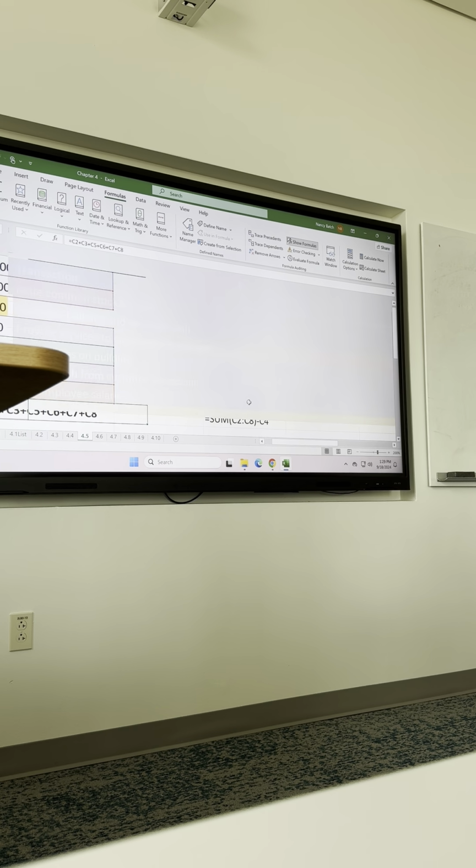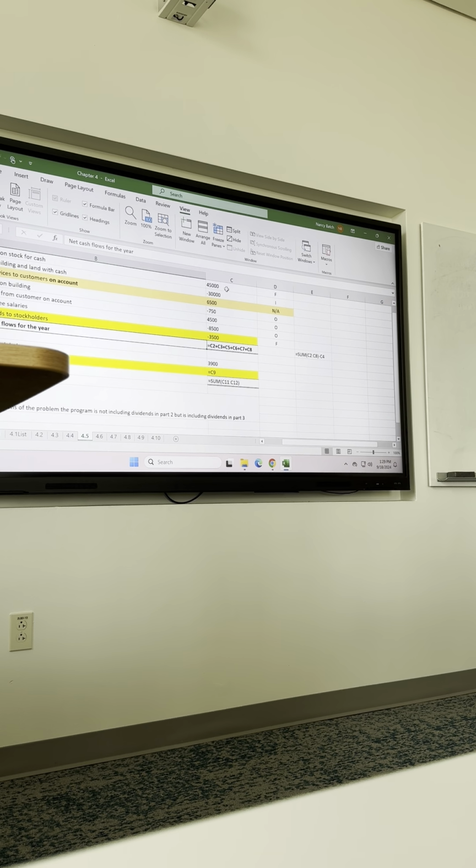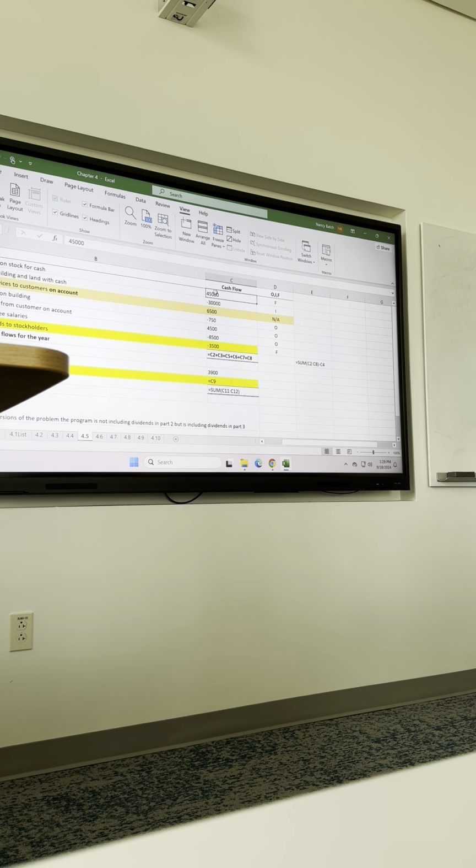I think I mentioned this early in chapter 1. We have both the direct and indirect methods. I showed you the direct method, and we're going to have to do the indirect method too. It's a little more complicated.